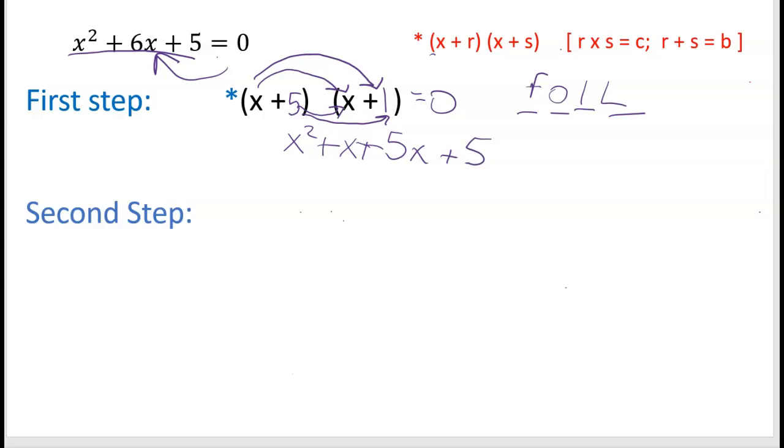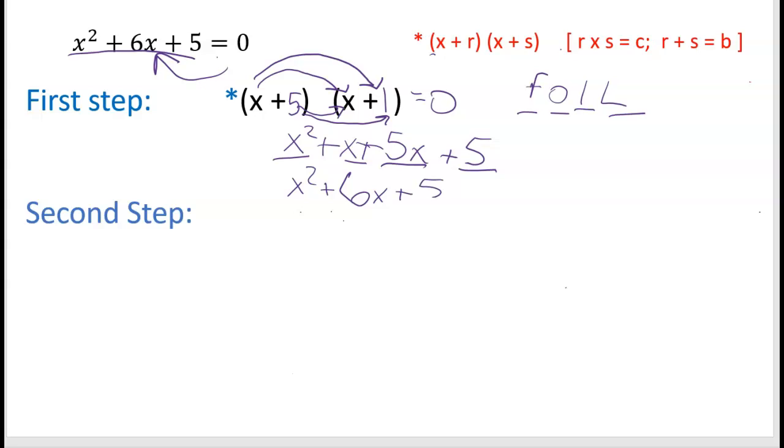Let's put this in simpler form by combining like terms. There is only one term that has an x squared in it, so that comes down, x squared. There are two terms that have an x in it, so we add those two like terms, which x plus 5x is 6x. And then we have only one term that is simply a constant, 5, so we drop it down.